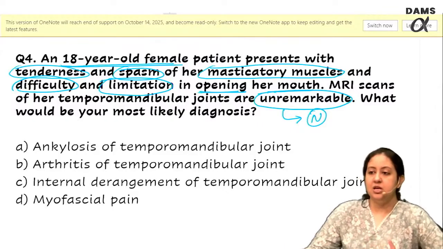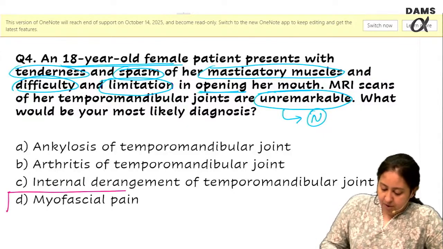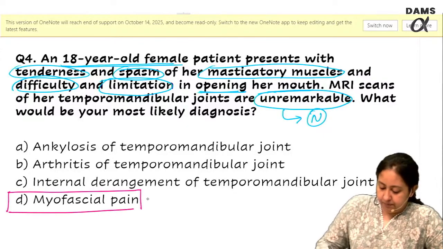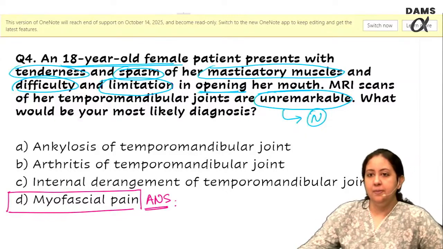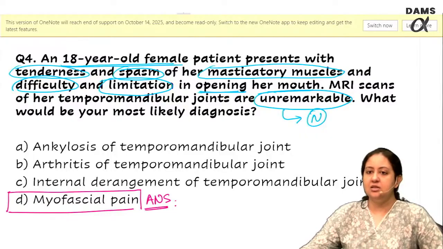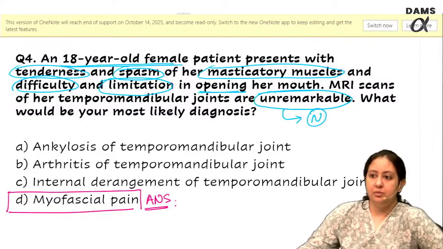The disc would be displaced. So the answer here is myofascial pain. Because in myofascial pain, the radiography of the joint is normal. There is no abnormality radiographically. There are just clinical signs and symptoms on the basis of which you diagnose the patient.